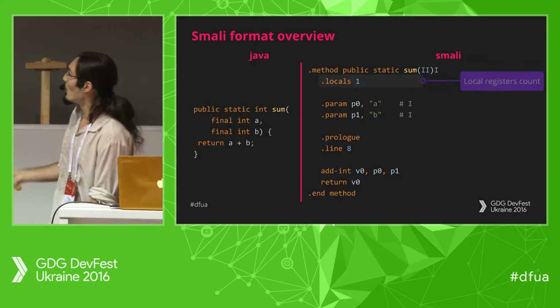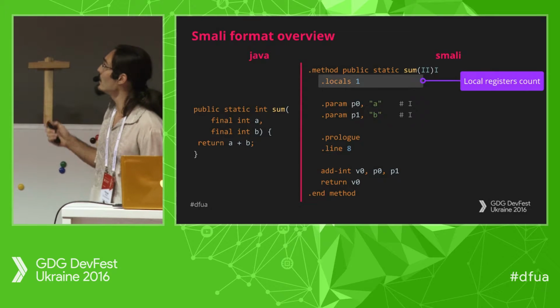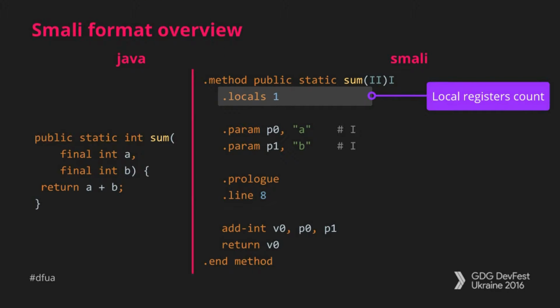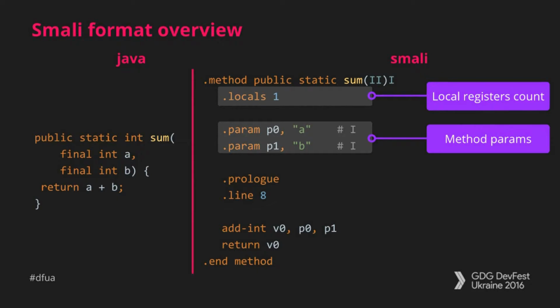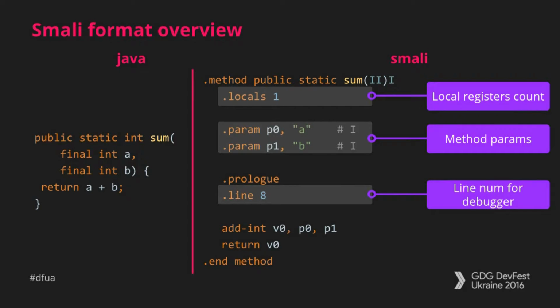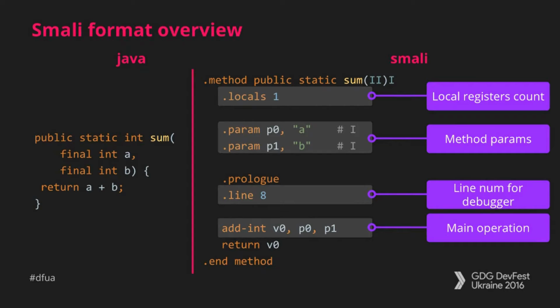After this, we define how many local registers will be used as local variables in our method. After this, which parameters will be passed into this method. Some debugging information, in this case the line number, and the most interesting line for us, the main operation, add-int, and return.